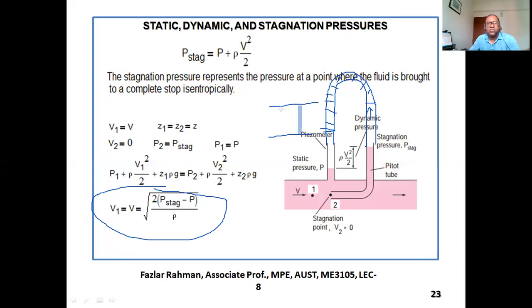If you know this difference of height, then you can measure the velocity without measuring the stagnation pressure, without measuring the pressure at point 1. Okay, and we'll see how we can figure out the velocity of the fluid by measuring only the deflection in the manometer.